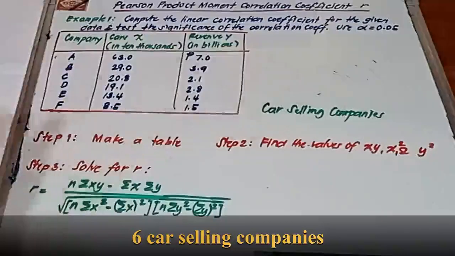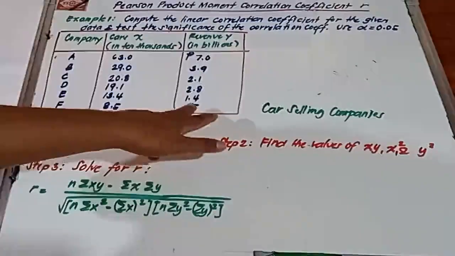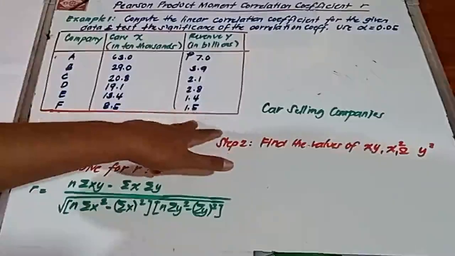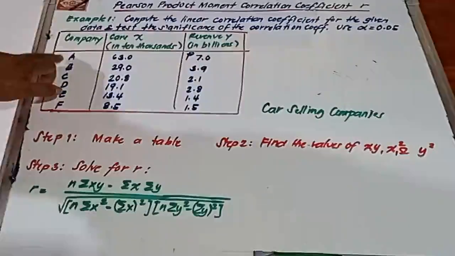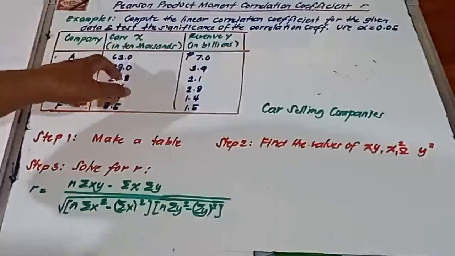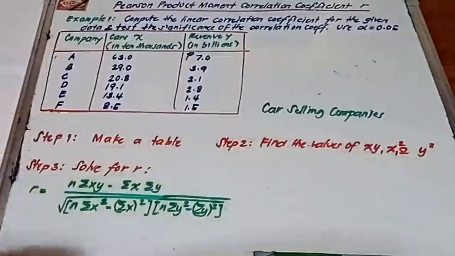At itong second column, which is the dependent variable, ito yung income in billions of these car selling companies. Yung company A, we have 630,000 number of cars sold with an equivalent revenue of 7 billion pesos.